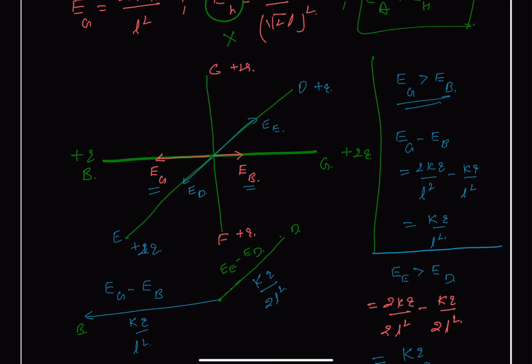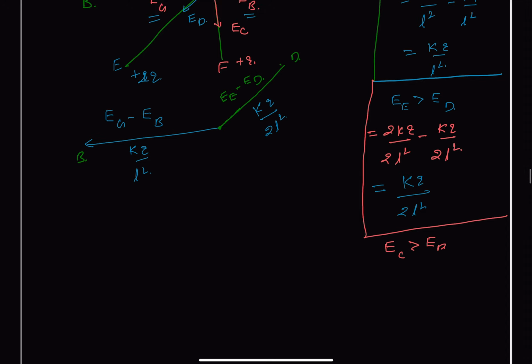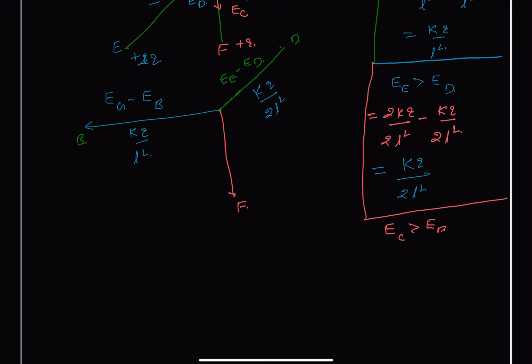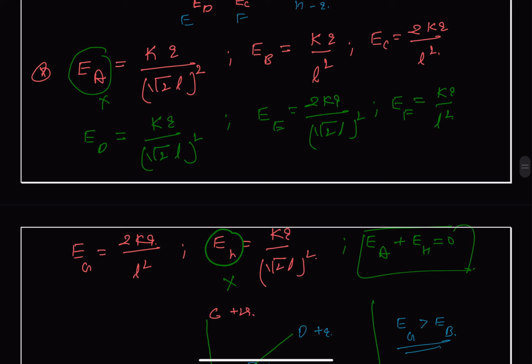Therefore the magnitude of the electric field because of C will be greater than the magnitude of the electric field because of F. Therefore we can say the electric field due to C is greater than electric field due to F. So the net electric field will be towards point F, and its magnitude will be electric field C minus electric field F. So C is our 2kq upon L square and F is kq upon L square.